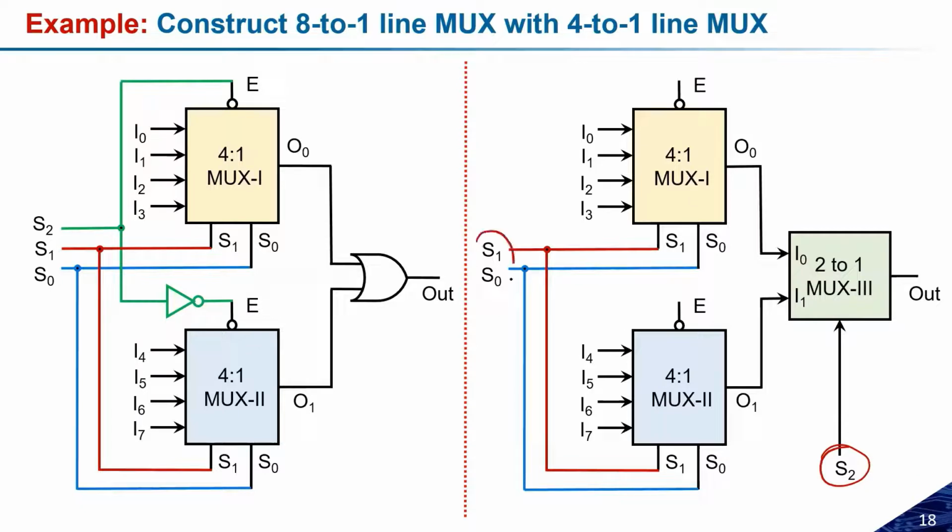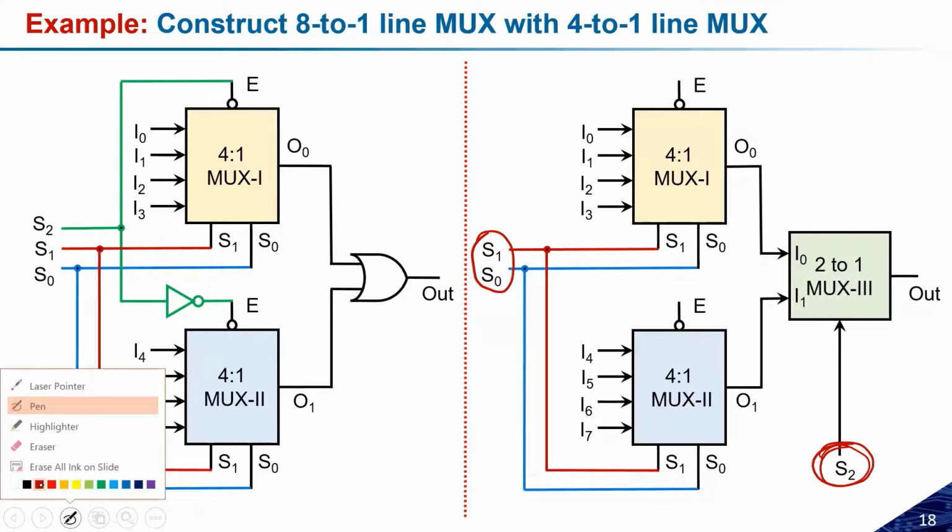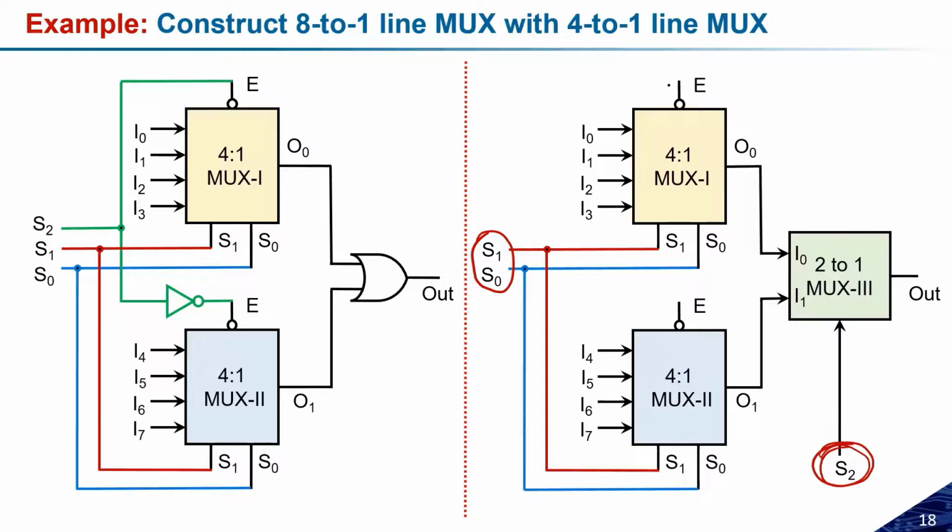So S0 and S1 will come from here, S2 will come from over here, and the enable signal, because this is active low, I need to connect all these to ground. So this should be grounded. This circuit will act as an 8:1 mux.